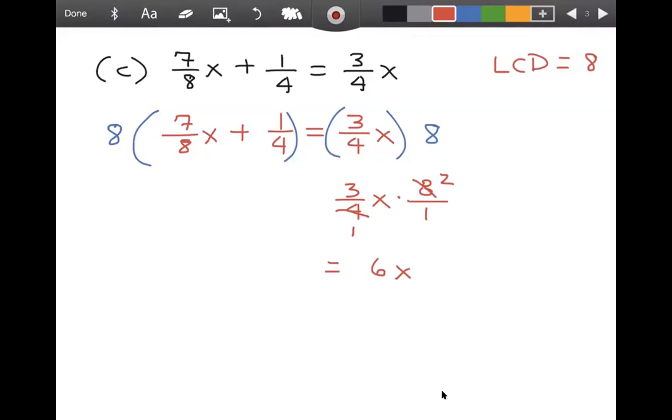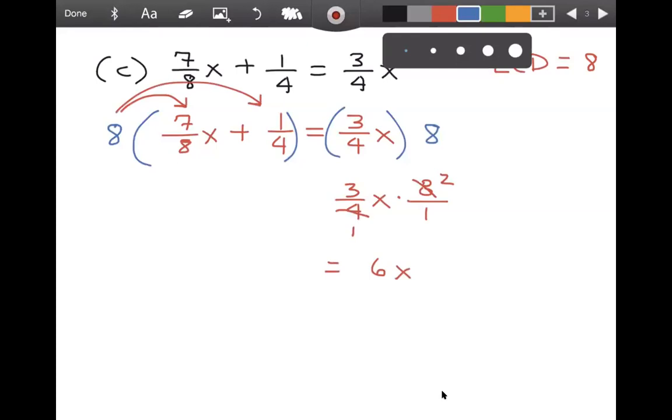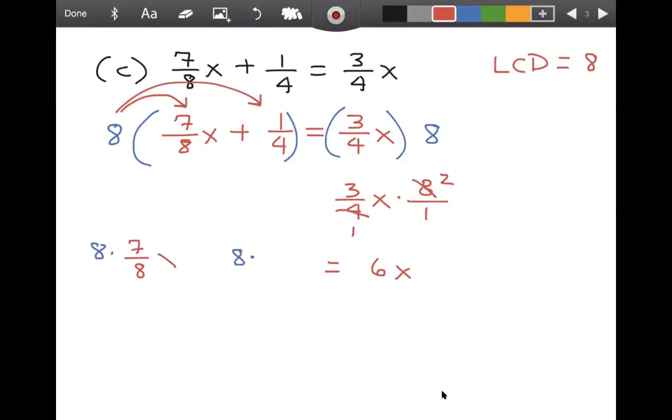The left-hand side is a little bit more complicated. So let's see what happens there. I'm going to distribute the 8. So I'm going to have an 8 parked in front of this term, an 8 parked in front of this term. And we're going to have 8 times 7/8 x plus 8 times 1/4. And if you find this helpful, let's go ahead and drop that in there.